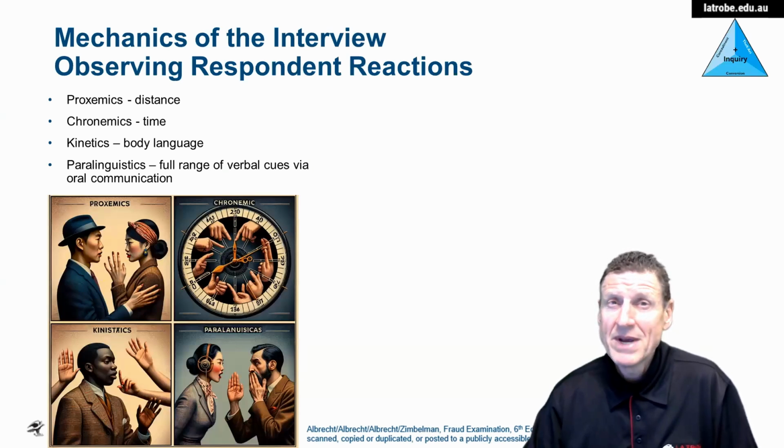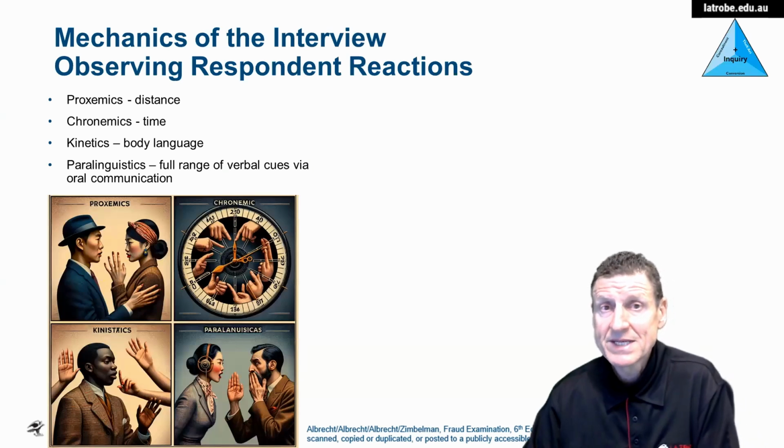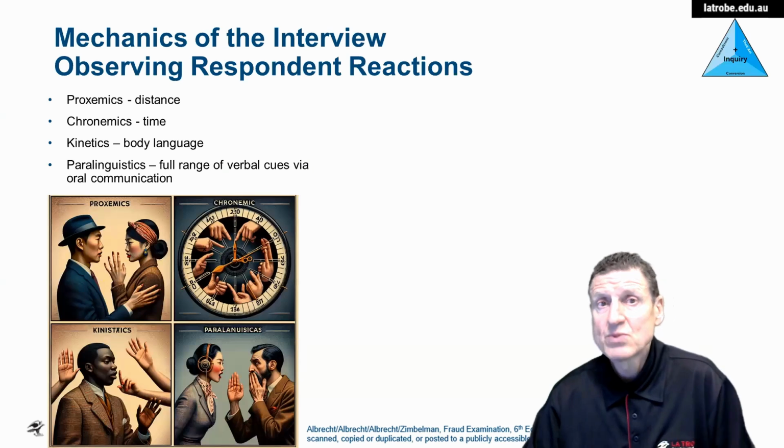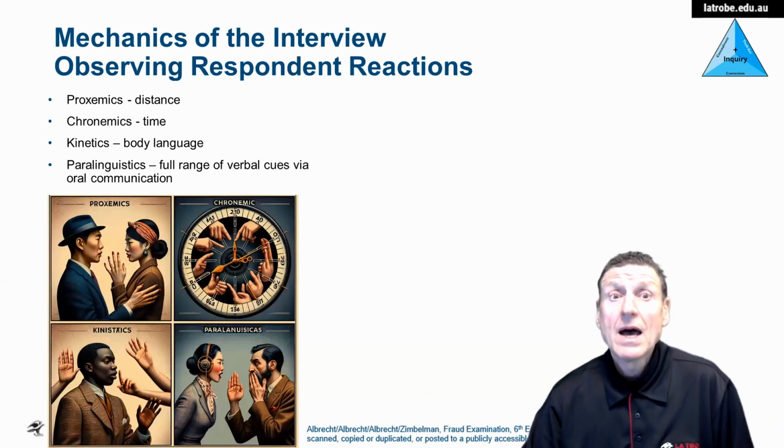So what is their demeanor towards time? Kinetics. Be aware of the body language of the interviewee, because 70, 80% of their body language makes up their communication, and less than 30 or 20% of what they say is what is being communicated.